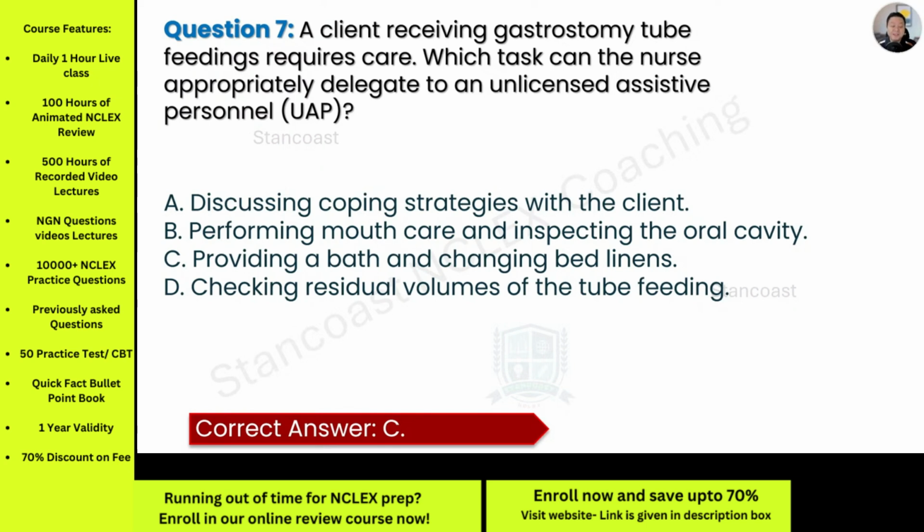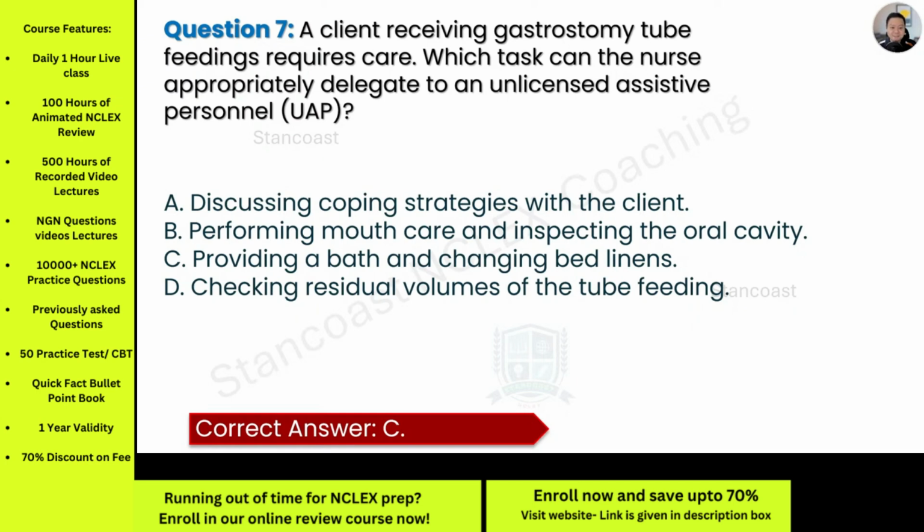They can only assist with oral care. They can do some basic care, but not assessment, especially for assessing the oral cavity. This will require nursing expertise.